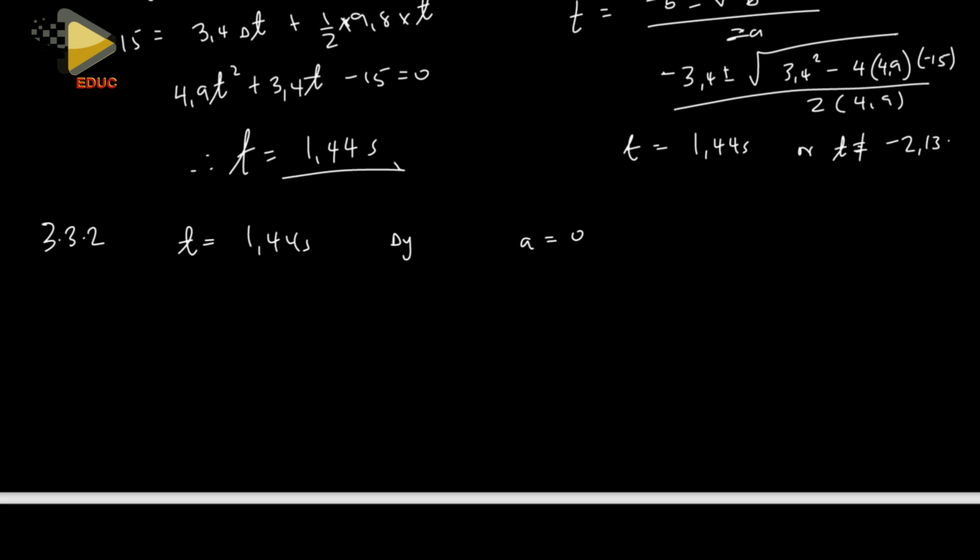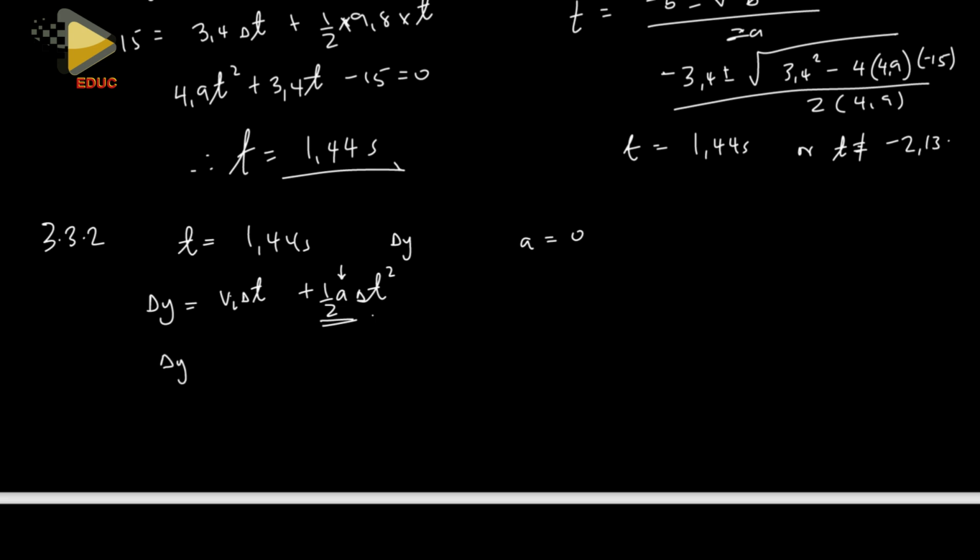So if I use still the same equation of delta y is equal to vi delta t plus a half a delta t squared. Remember, the balloon is not in free fall, it's having a velocity. So the acceleration here is 0, which kills this entire thing.